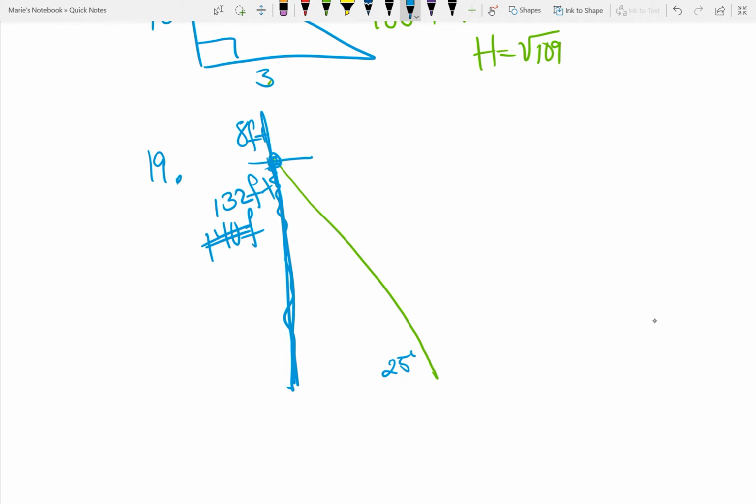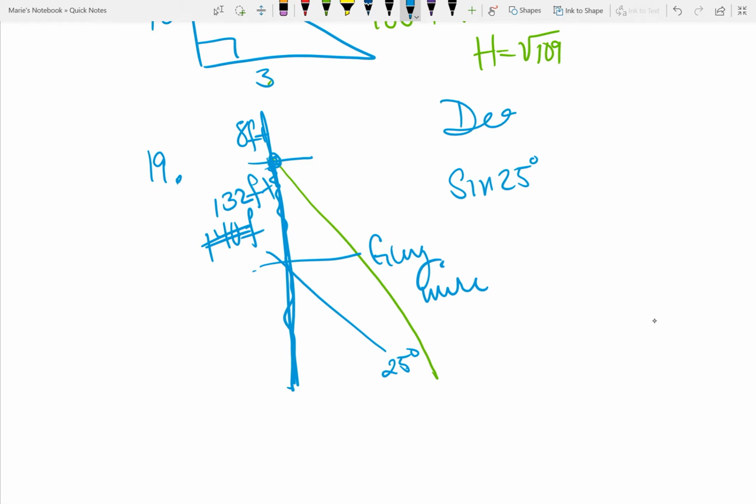If this is 25 degrees, this being the guy wire, this is what we're looking for. So I'm thinking that if I do sine, SOH, so sine of 25 degrees, be in degree mode by the way, make sure you're in degree mode.